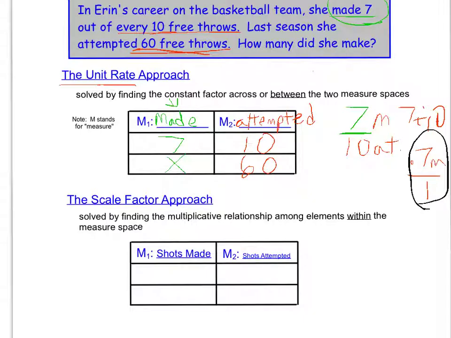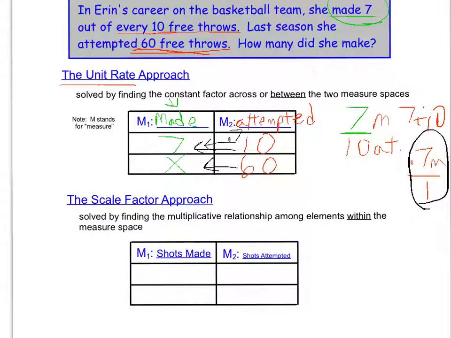So I'm going to take this 0.7 and multiply it by 10. So 0.7 times 10 gives me 7. So it does work, because once I know what she makes per attempt, I can just multiply my attempts by that. So I'm going to do that here.